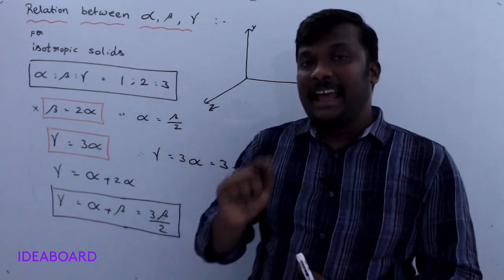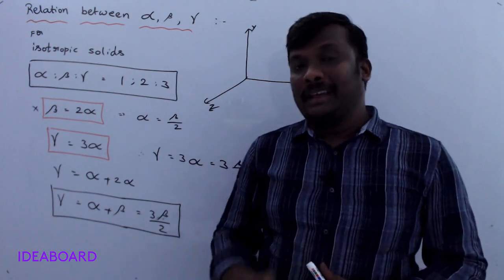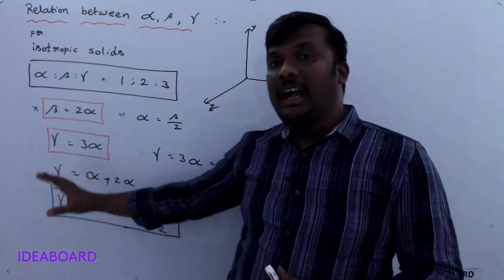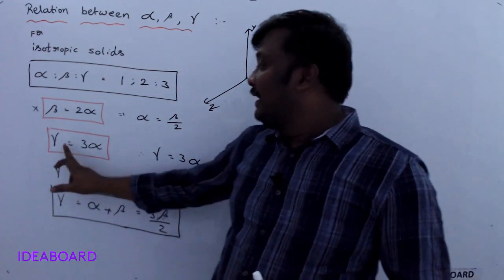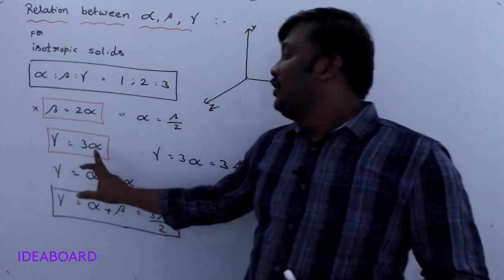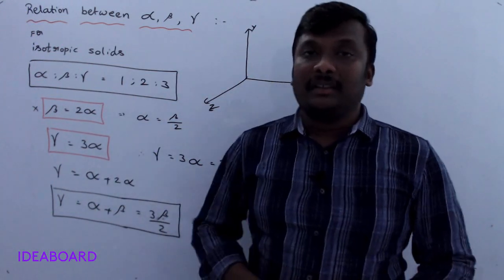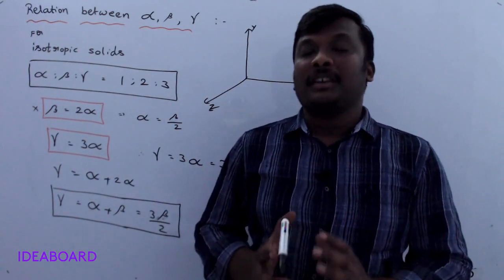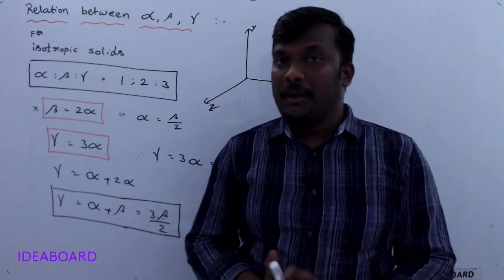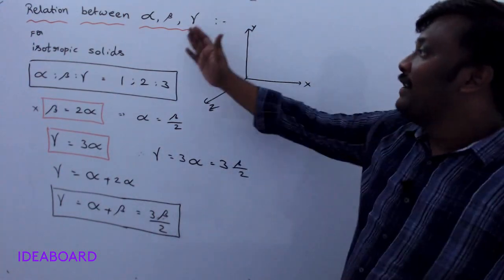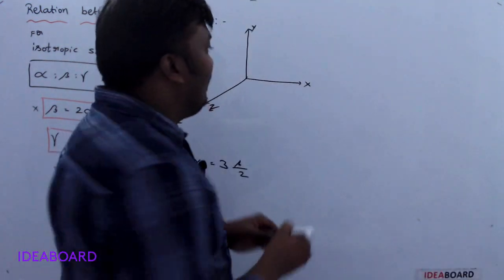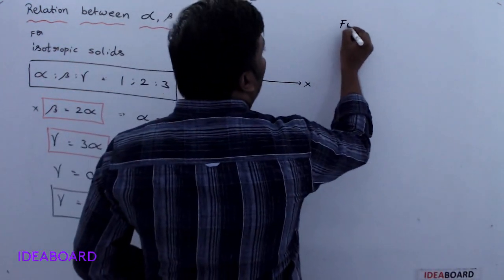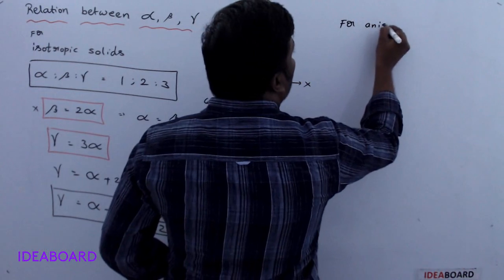A cube indicates volume expansion, meaning a formula related to gamma, but they gave the alpha value. At that time, instead of gamma, if you substitute 3 alpha, the numerical becomes easy. Do you understand? So this is for isotropic solids. Now let us see anisotropic solids.